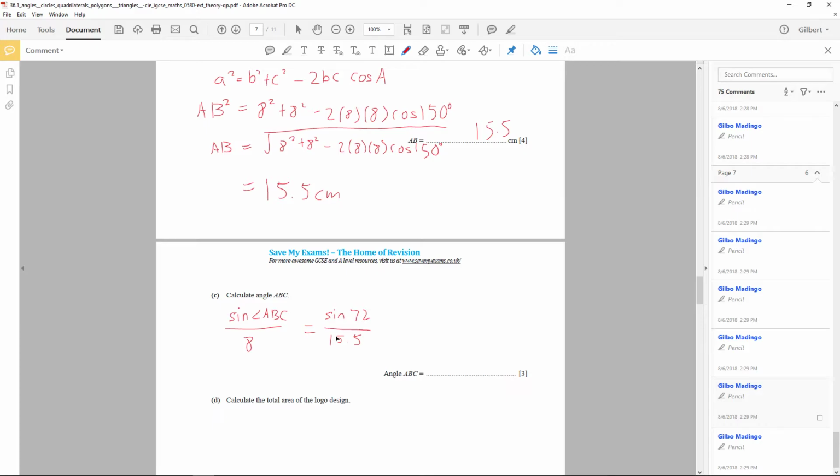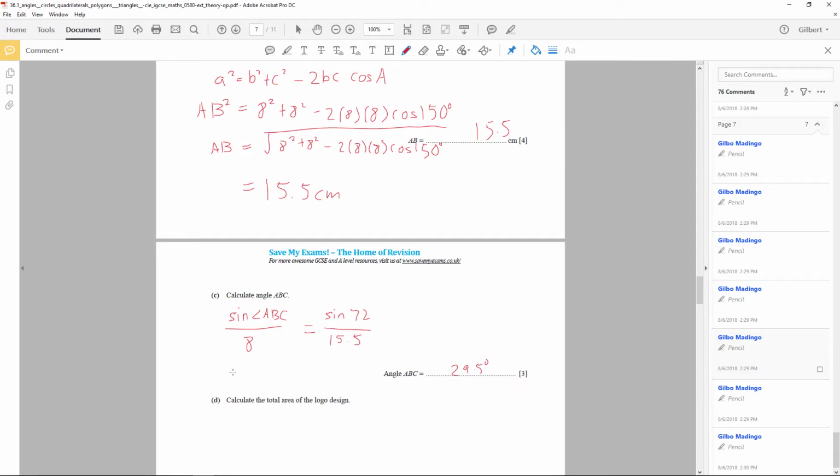Okay, so starting off, sine 72 divided by your answer from the calculator just now for this, okay, multiply it by 8 and shift sine answer. Alright, your angle is supposed to be 29.5 degrees.